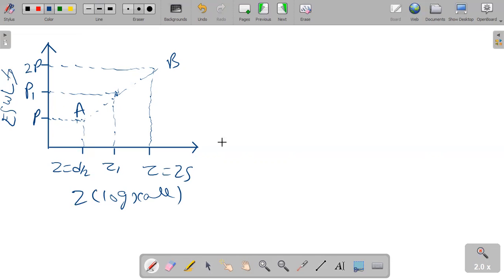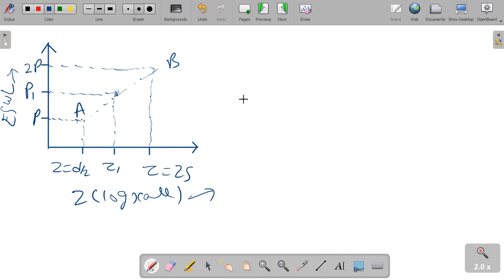Up to d by 2 there is no stress overlap, so ESWL is equal to P. And for a depth of 2s or greater than 2s, ESWL is 2P.